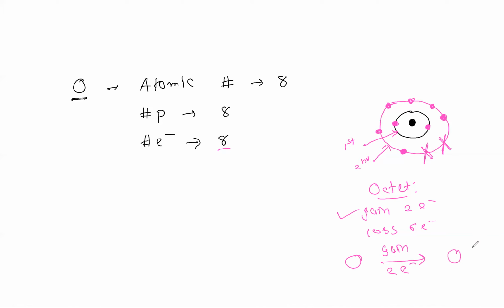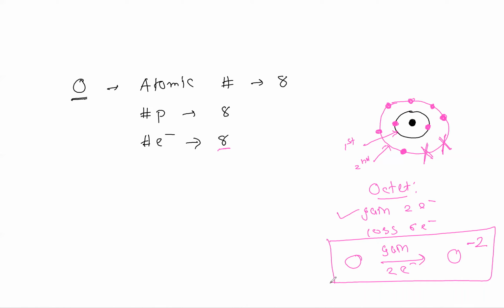If it's gaining 2 electrons, because electrons are negative, it should be -2. Do you follow this? Yes, so that's why it's going to be -2. As I told you, it is always going to be -2 if it's forming an ion.